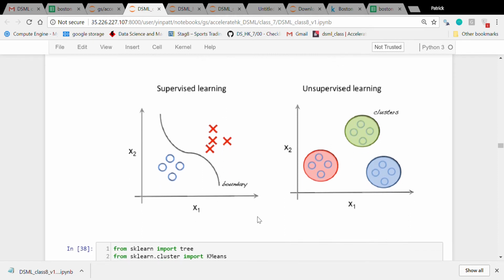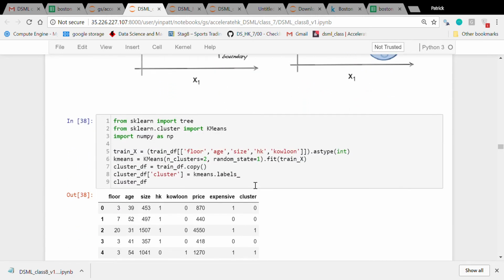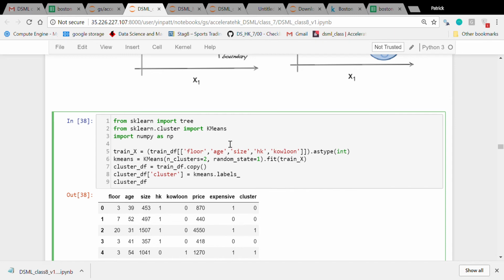Supervised learning tends to be drawing the boundary between 2 groups, while unsupervised is finding which dots are more similar to each other. This is an example for unsupervised learning.